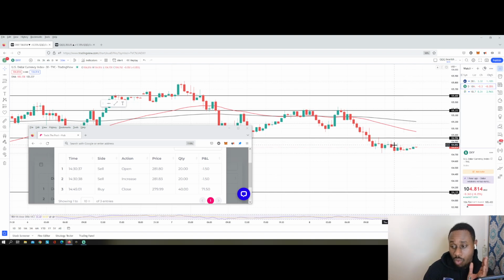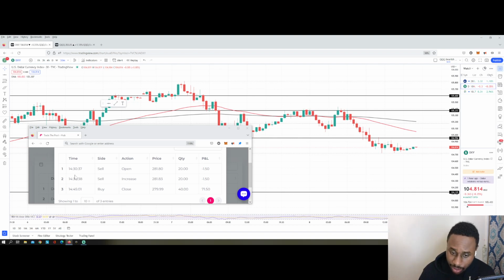However, what I got to play this trade off of was just that move up here, which was a huge wick on the QQQ, and then I just exited right at a point of support, and I didn't enter any more trades. I just locked in the profits and called it good for the day.